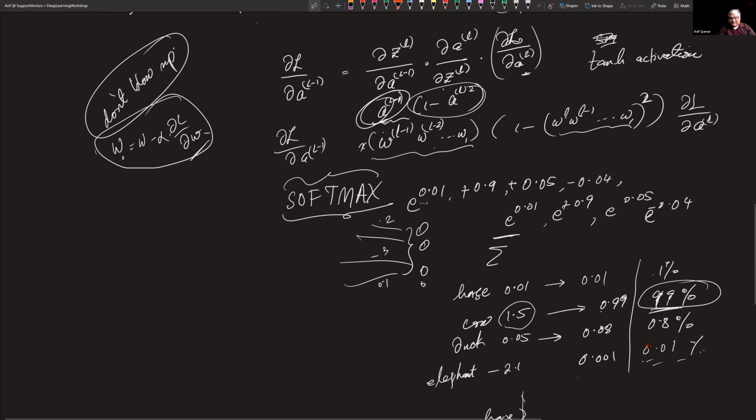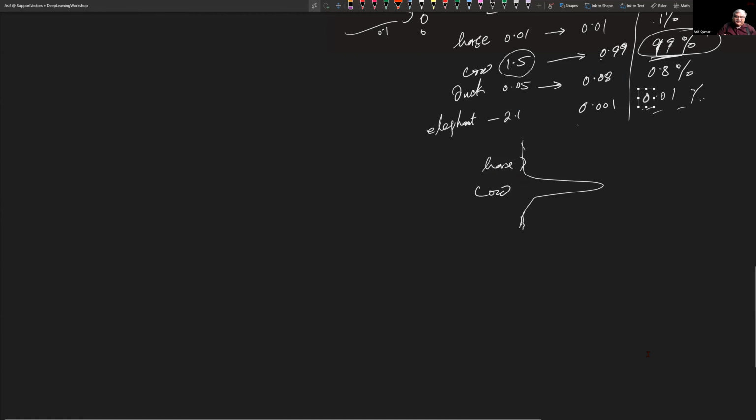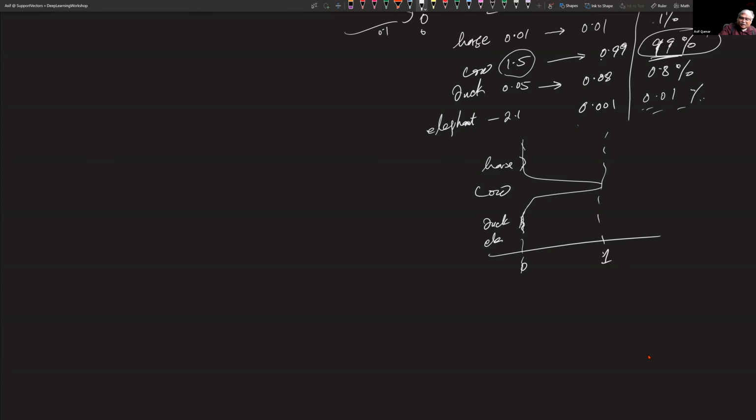Maybe duck is this little bit and elephant is this little bit on a scale of 0 to 1. On the probability axis, cow pretty much becomes near certainty.